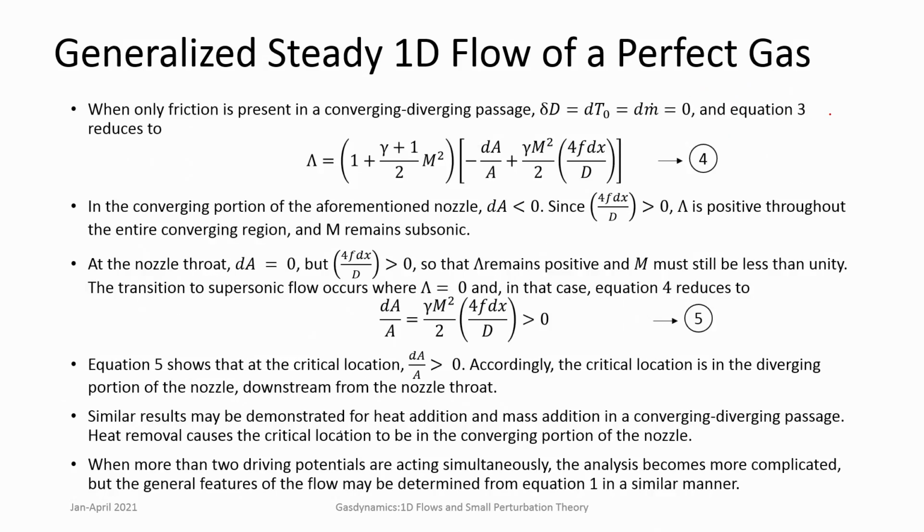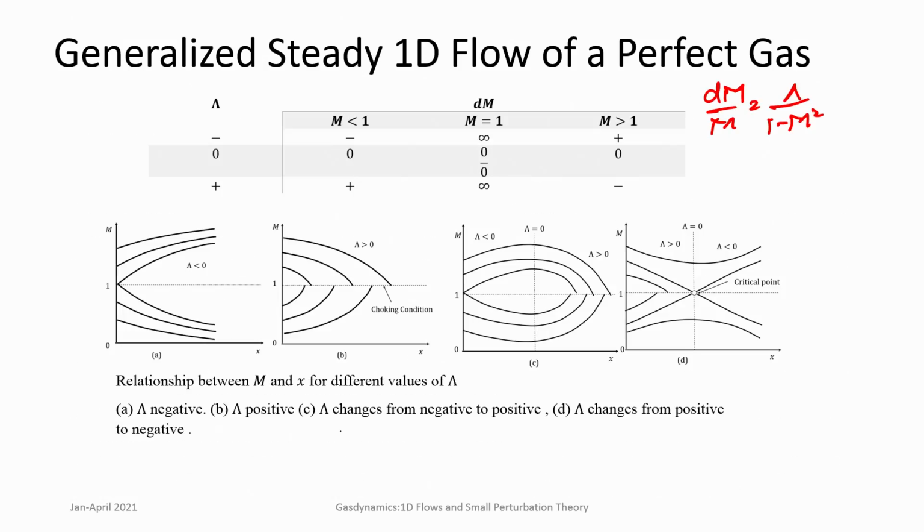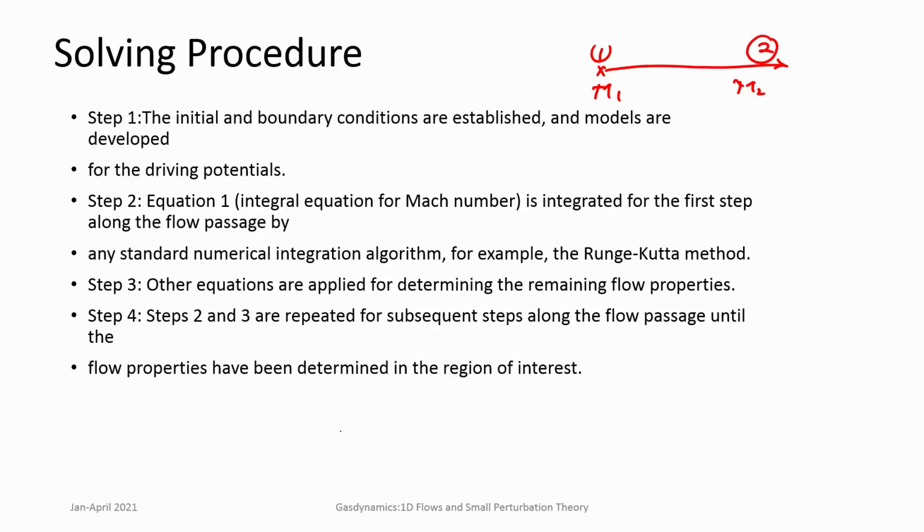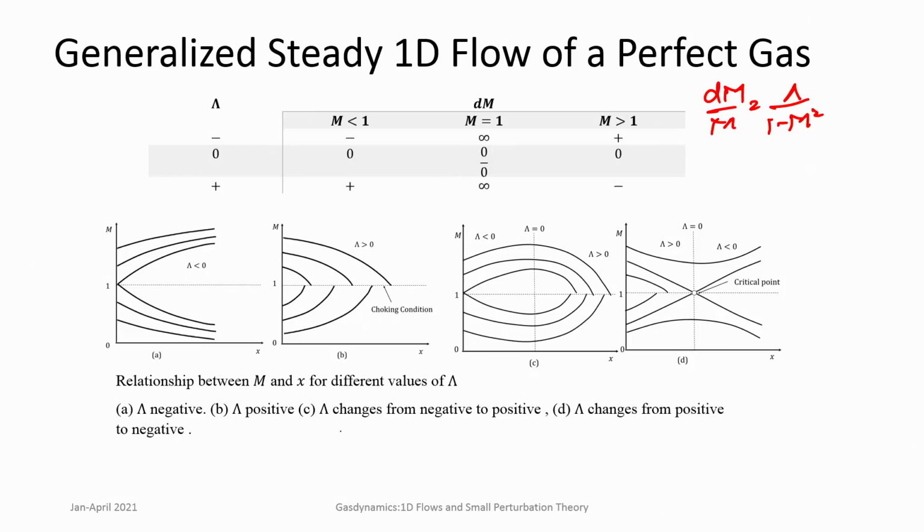So, depending on the sign of lambda, you have various descriptions of the flow. Initially suppose we take lambda less than 0, and here you have x direction. This is the flow that is varying along x, quasi 1D flow, and on the y axis it is Mach number.